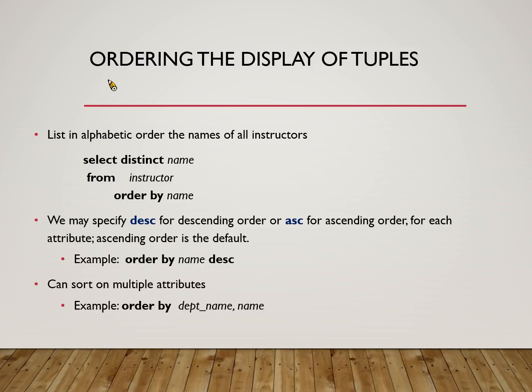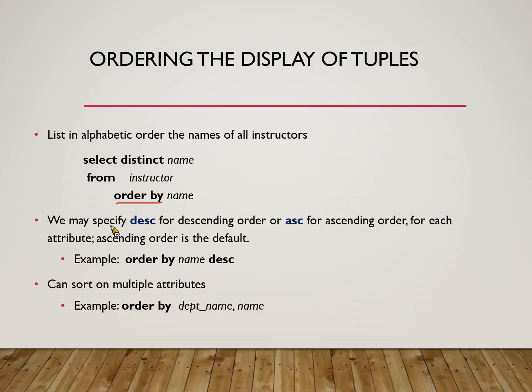We can also order the display of tuples. For example, list in alphabetic order the names of all instructors: select distinct name from instructor order by name. It means the names will be displayed in alphabetical, ascending order.